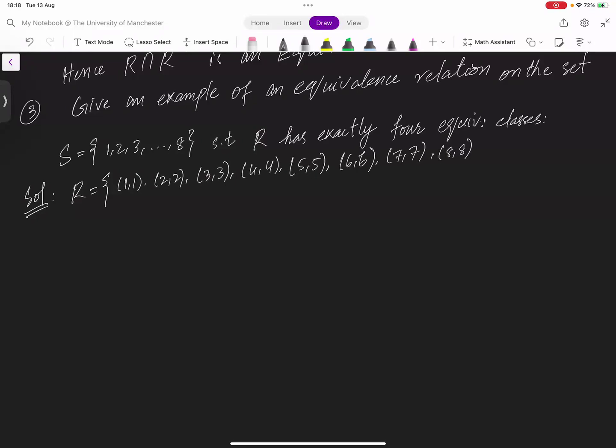And then you can also say (1,2), (2,1), (3,4), (4,3), (5,6), (6,5), (7,8), and (8,7).